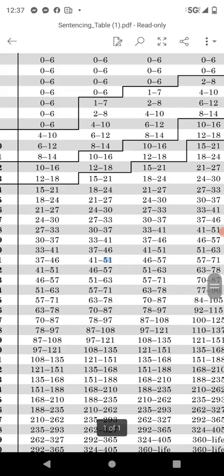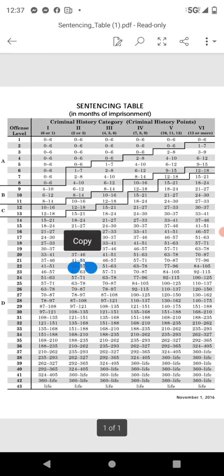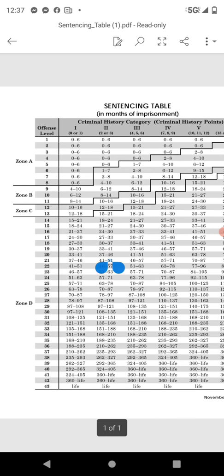Now let's say for instance you have been convicted of 2 prior crimes. If you have 2 prior convictions, we're going to move over to category 3. So even with an offense level of 23, if you go over to category 3 and down to 23, that's between 57 and 71 months.